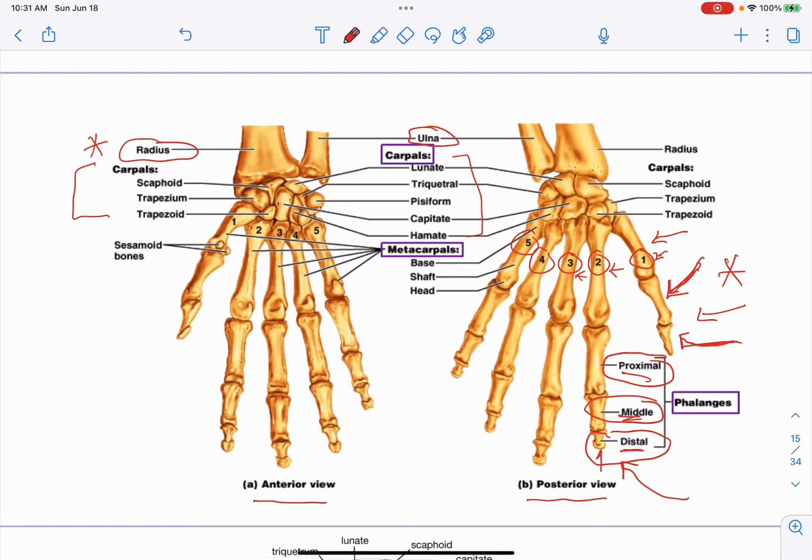All right, so the same would be true over here. Number 1, put your thumb up, is always the first digit or metacarpal or phalange, okay? And then the first finger is the second, and so forth. So make sure that you have a good understanding of how to label the metacarpals and the phalanges.